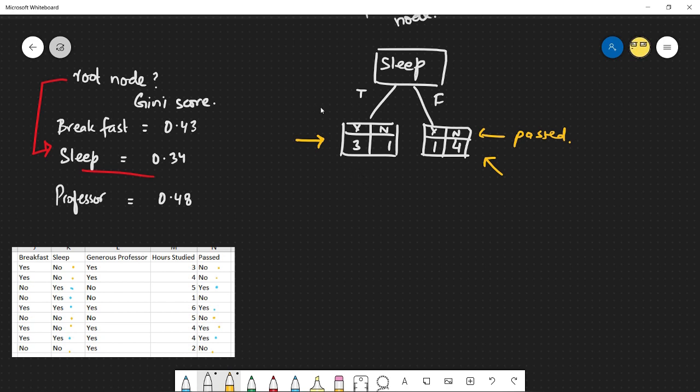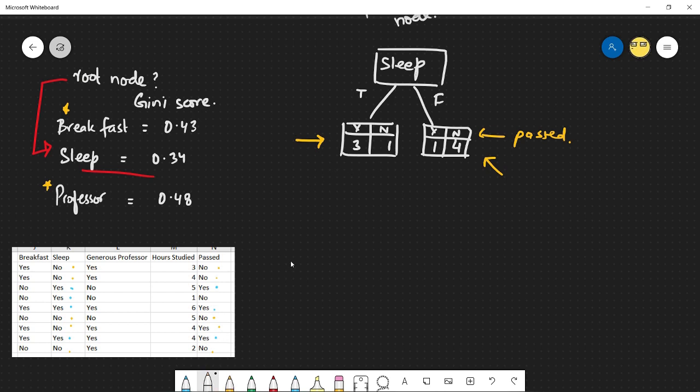We have already split our data on sleep, but we now have breakfast and professor to determine what should go here, what we should split on further to get a better decision tree. Because right now, even if we're just splitting on sleep, it's not really telling us a good story. It's just saying that if you sleep as a student, then 3 out of 4 times you're going to pass. That's not definitive. That's not good enough classification. So we're going to keep splitting.